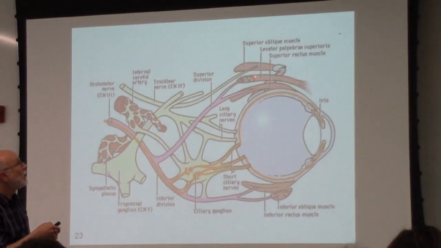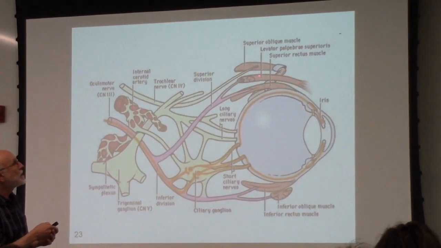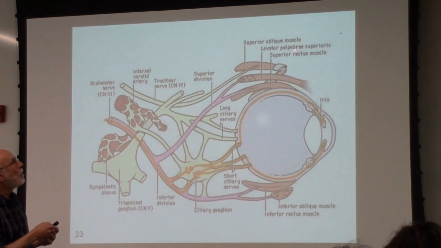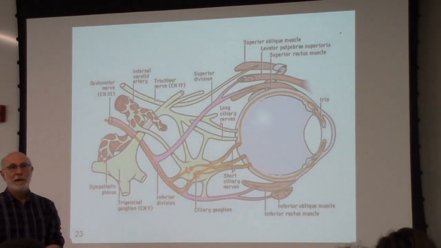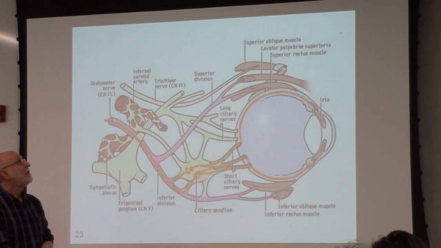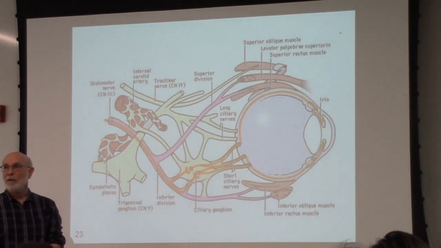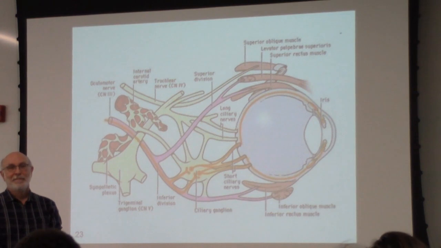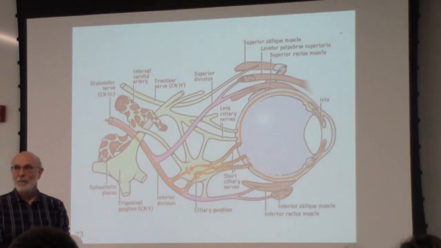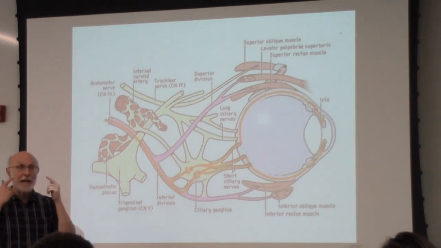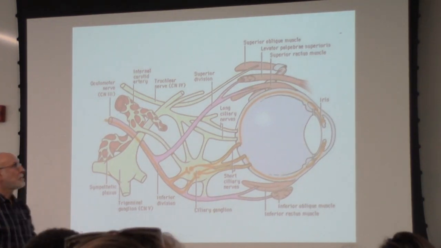Superior rectus is here. Here's a muscle that I'm not going to ask you to know, but the levator palpebrae superioris. Anybody have an idea what that is? It's the upper eyelid. So we can open up, raise our eyes, open up.